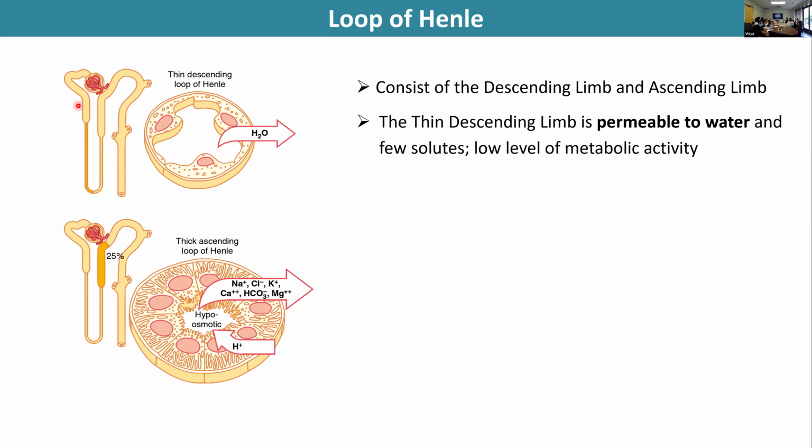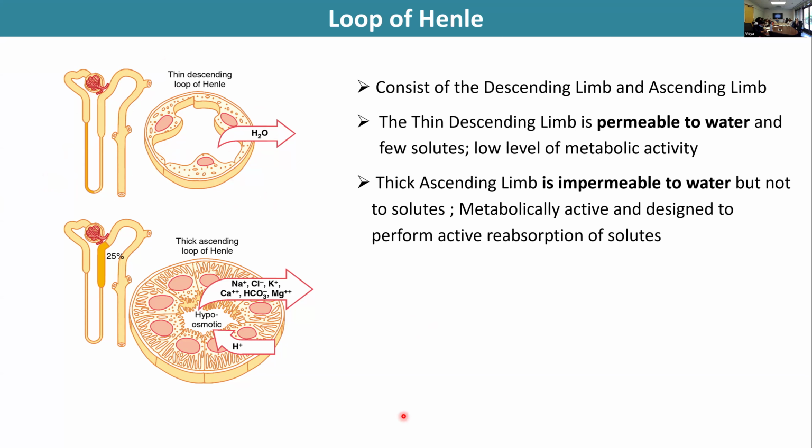The descending loop is permeable to water, and this water reabsorption is passive, so they don't need a lot of mitochondria. So this descending loop doesn't have too much mitochondria. And then the ascending loop is impermeable to water. That means there is no water exchange here.